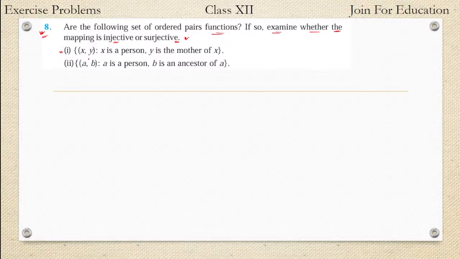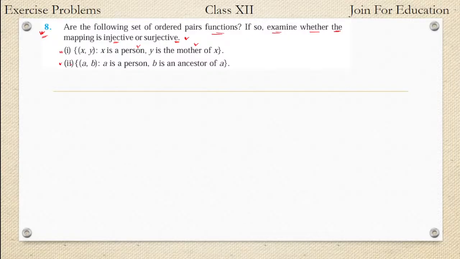First part of this question: x, y is an element of a set such that x is a person, y is the mother of x. There is no problem to understand the question. This is written in the set builder method or rule method.